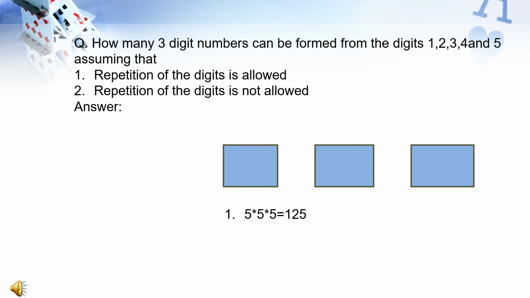Going to the next part of the question, where repetition of the digit is not allowed. Again we have to form a 3-digit number from the given digits 1, 2, 3, 4 and 5.